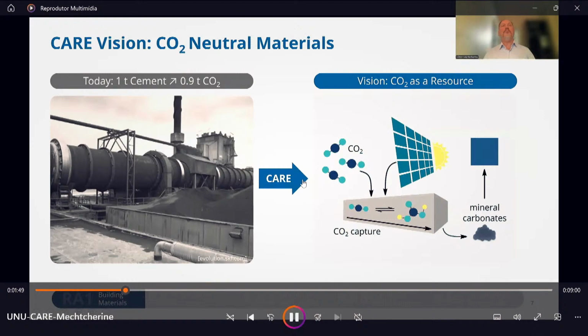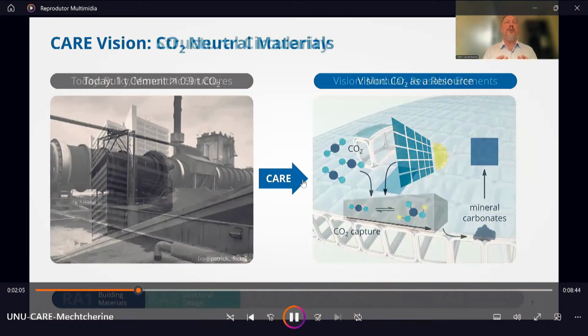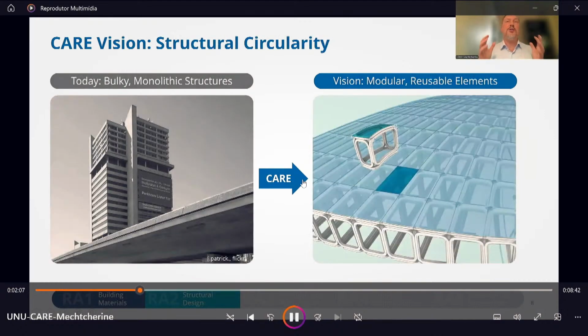Our vision: carbon neutral, mineral-based alternatives to concrete synthesized through electrochemistry using carbon dioxide and waste, powered by renewable energy. But materials innovation alone isn't enough. Structural engineering must undergo a revolution as well. Our goal is to replace today's bulky, wasteful layouts with disruptive material-efficient designs based on circularity principles.